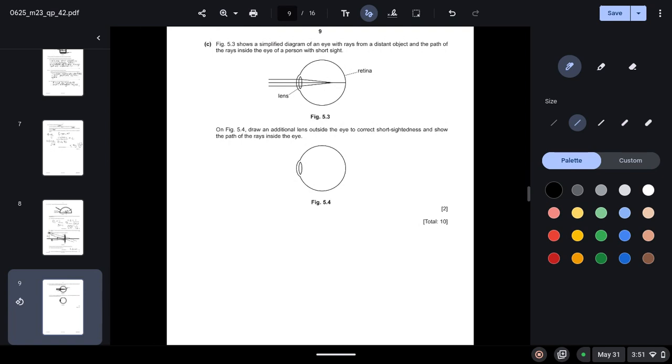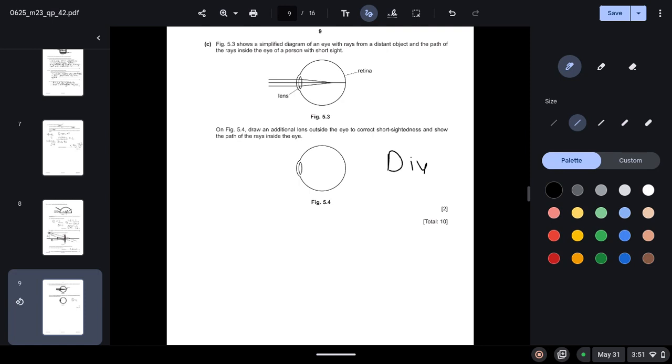Figure 5.3 shows a simplified diagram of an eye with rays from a distant object and the path of the rays inside the eye of a person with short sight. On figure 5.4, draw an additional lens outside the eye to correct short-sightedness and show the path of the rays inside the eye. So we know that in order to correct short-sightedness, we can use a diverging lens.